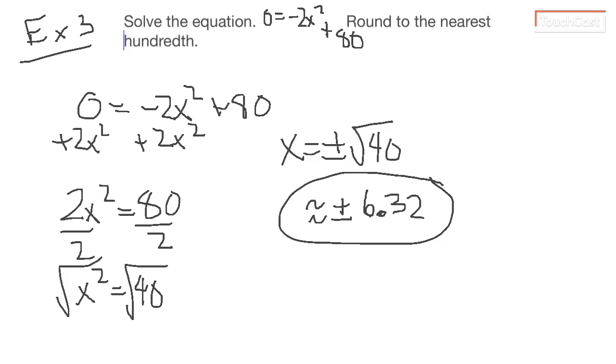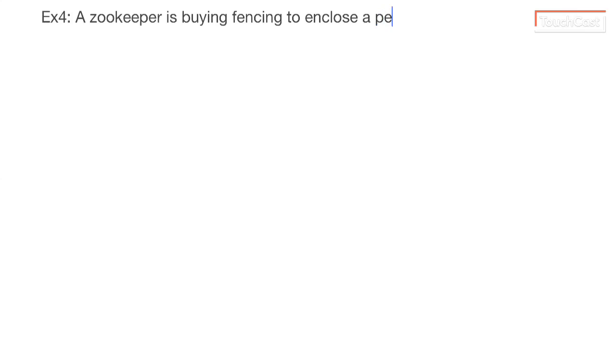Okay, one more example. Our last example, example 4, is a word problem. A zookeeper is buying fencing to enclose a pen at the zoo.